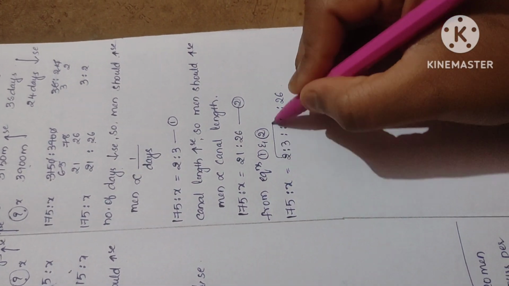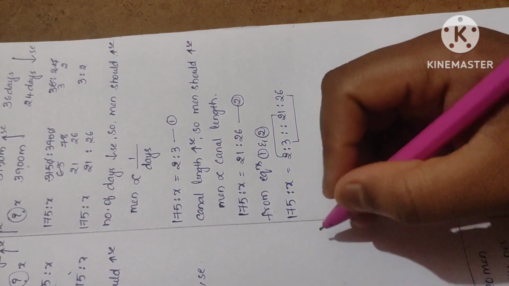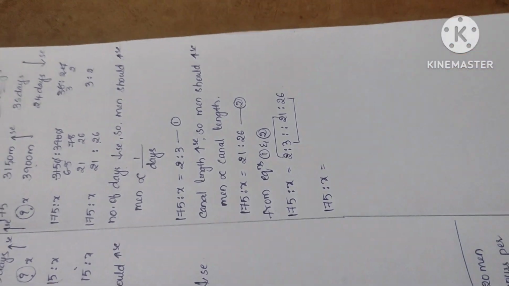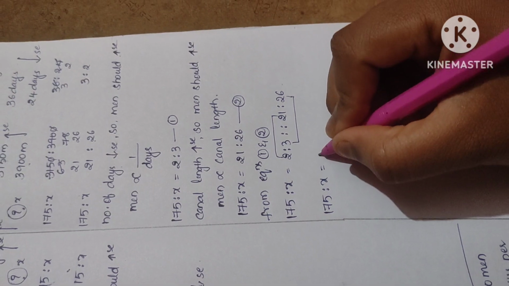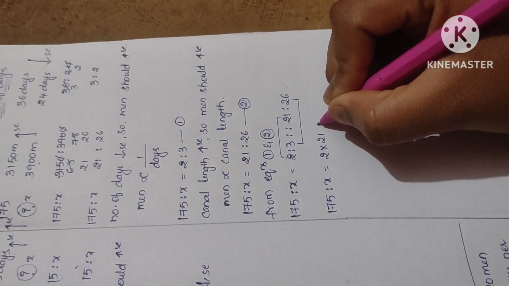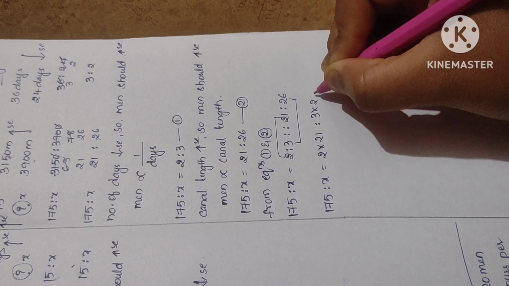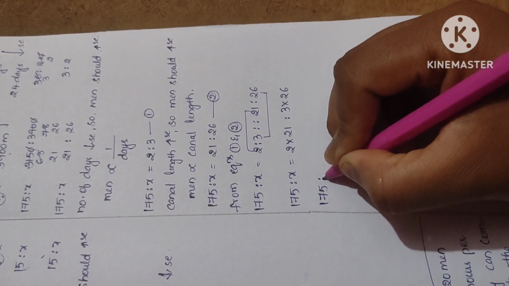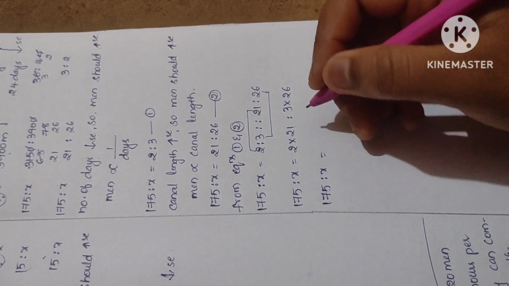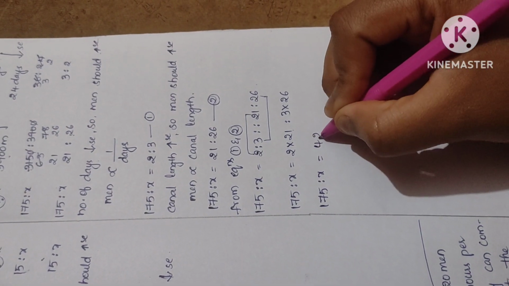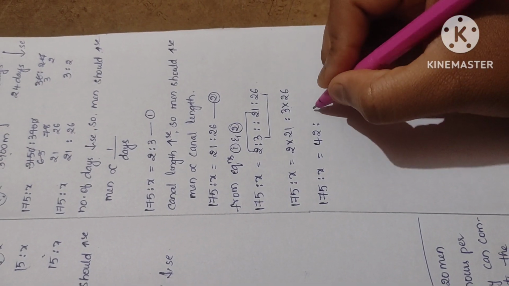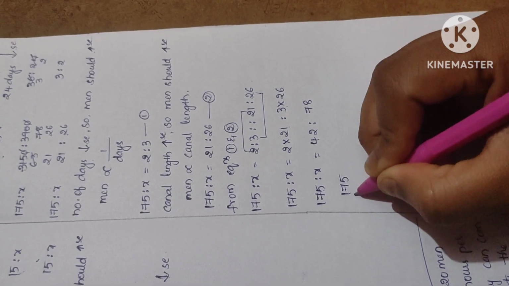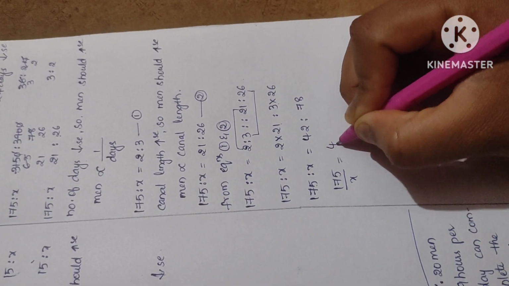It is the ratio of the product of antecedents and the product of consequents. So 175 is to x equals the product of antecedents, 2 into 21, is to the product of consequents, 3 into 26. Next step, 175 is to x equals 2 times 21 is 42, is to 3 into 26 is 78. Now we can write this ratio in division form, that is 175 by x equal to 42 by 78.